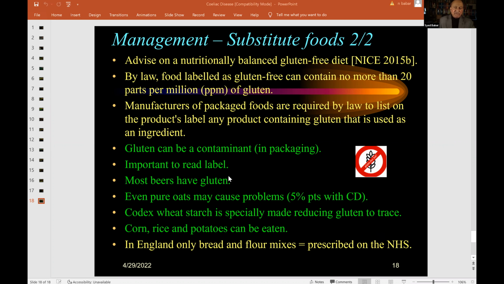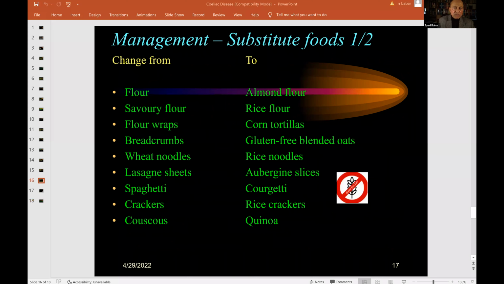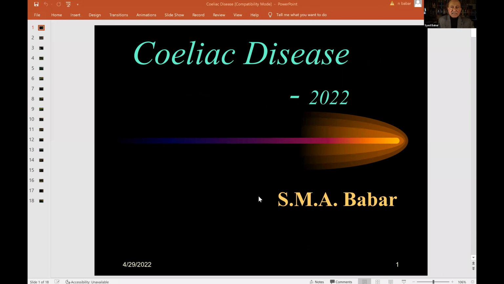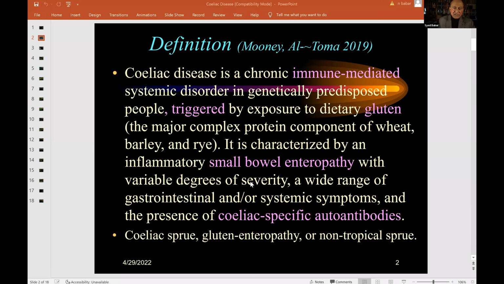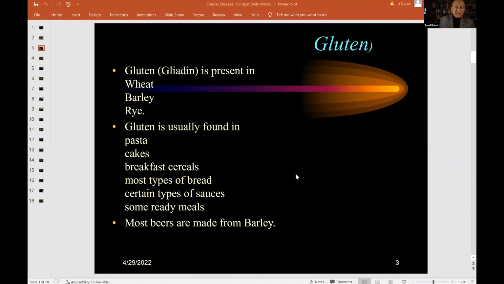So we have gone through the celiac disease description, identifying it to be an immune-mediated multi-system disorder triggered by gluten or gliadin, mainly affecting small bowels with enteropathy of varying degrees of severity, and that this produces and evokes celiac-specific autoantibodies.